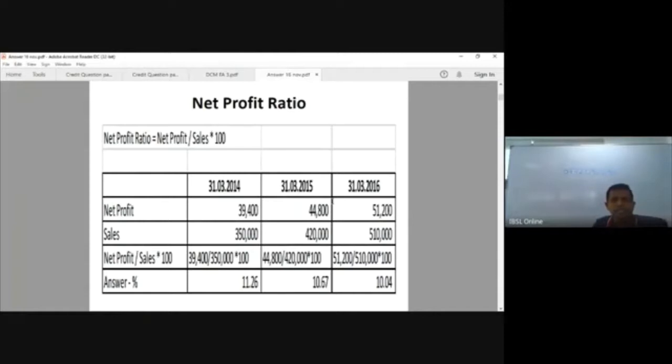Then the answer is 11.26%. Similarly, in 2016, 51,200 divided by sales, the answer is 10.04%. Net profit is also in the same range, 11% to 10%, but there is a small decline.